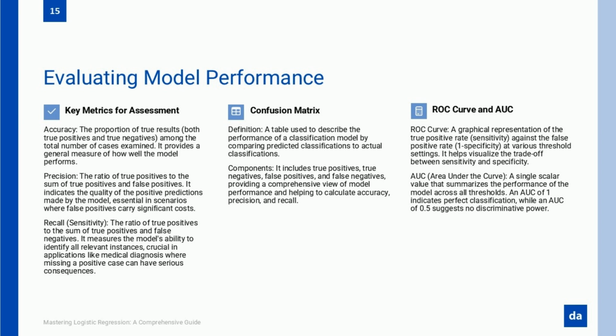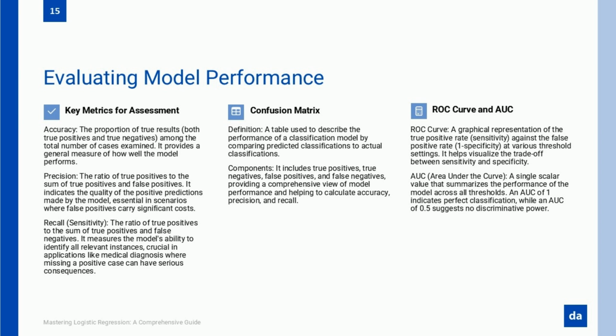That's why we need better metrics, like precision, recall, and the F1 score. Precision tells us when the model predicts fraud, how often is it actually correct? Recall tells us, out of all the actual fraud cases, how many did the model successfully catch?